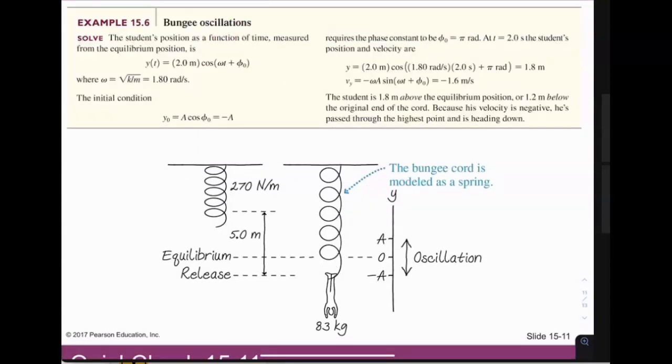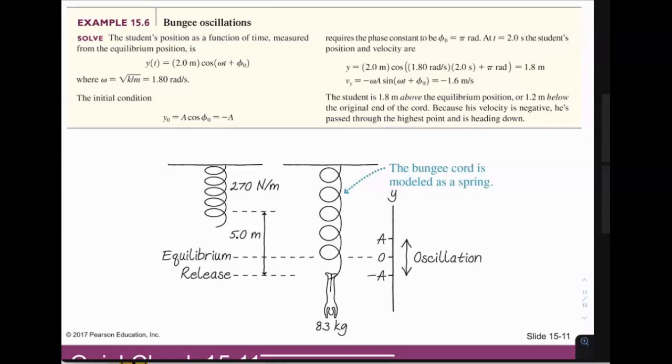The student's position as a function of time measured from the equilibrium point is given by the equation: the vertical position is equal to 2.0 meters times the cosine of omega t plus the phase angle, where omega is equal to the square root of k over m, which is equal to 1.80 radians per second.